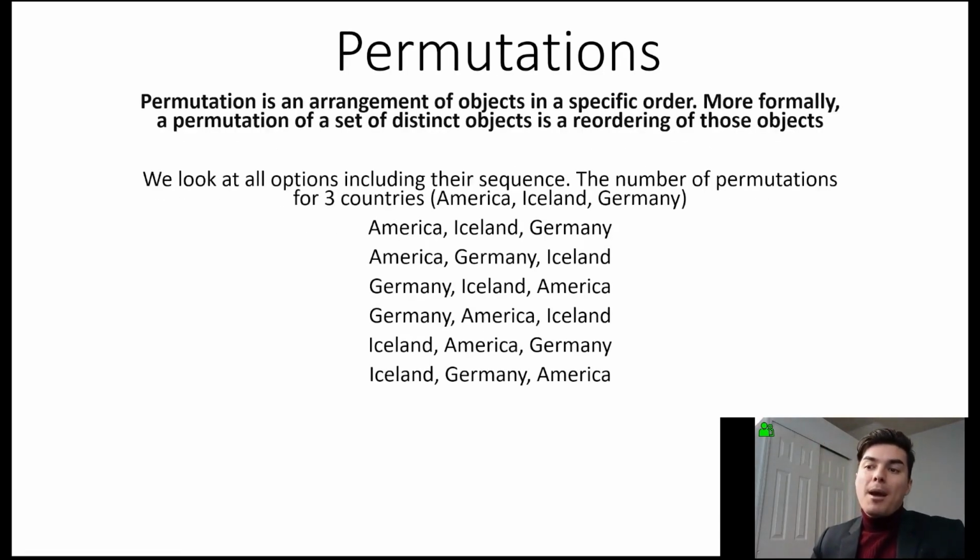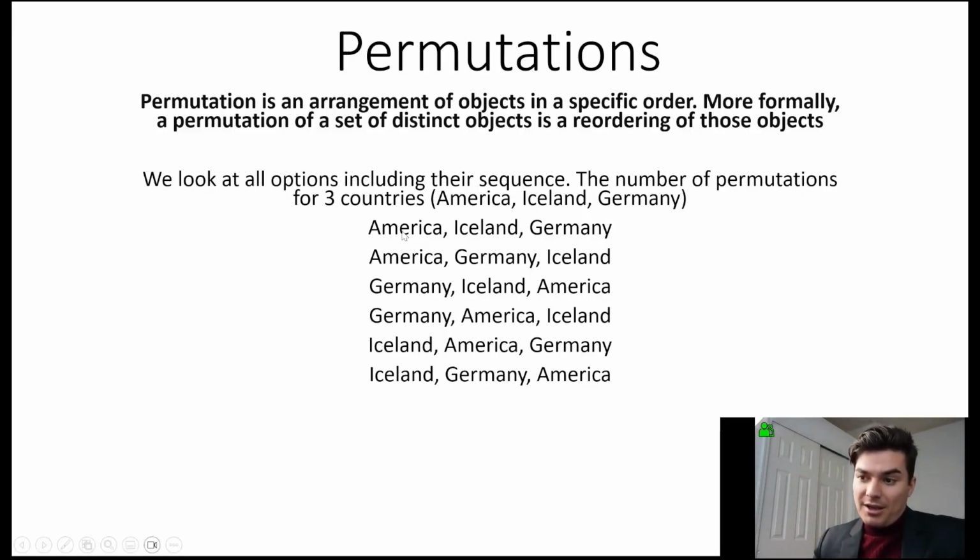Now, permutations. A permutation is an arrangement of objects in a specific order. More formally, a permutation of a set of distinct objects is a reordering of those objects. Let's say we have 3 countries. There are many different ways that we can arrange those, and that's going to be 3 factorial, 3 times 2 times 1.